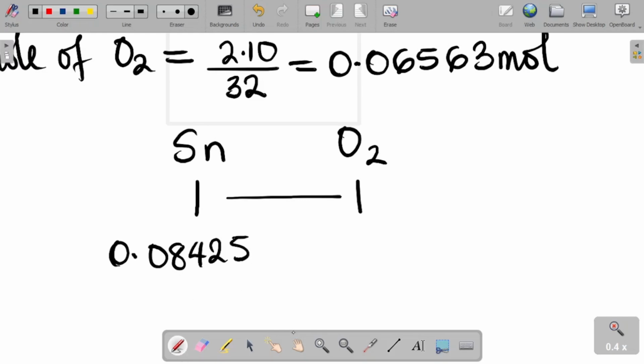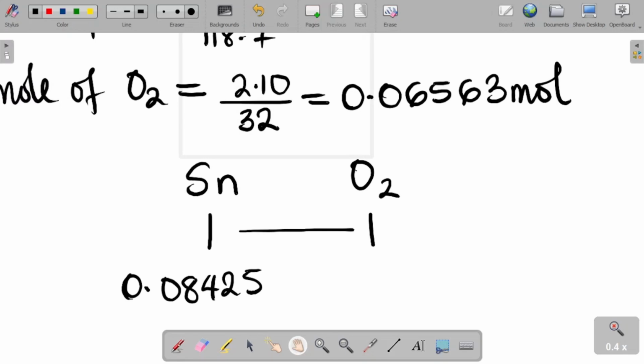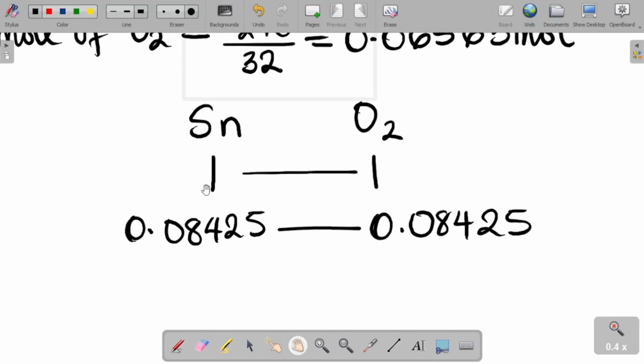And if I have 0.08425 mole of tin, this would also need exactly the same amount, 0.08425 of oxygen.